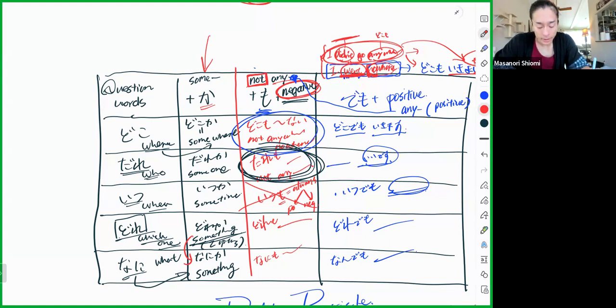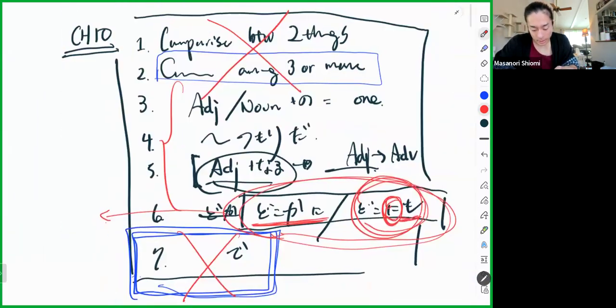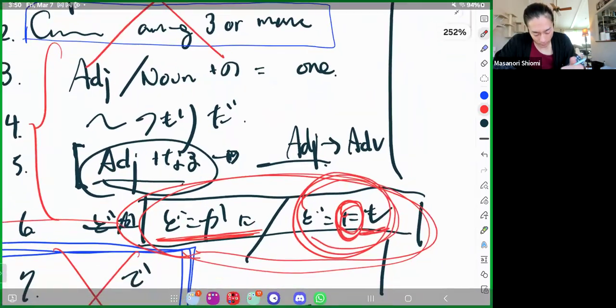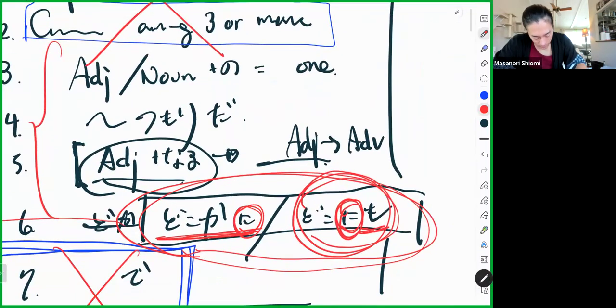Mo always has to be at the end, but that's this variation. If we want to use a second particle here, what do we do? I think you already saw it, but どこかに, so ka has to be first and then the double particle here. If you want to say, I went somewhere, どこかに行きました.